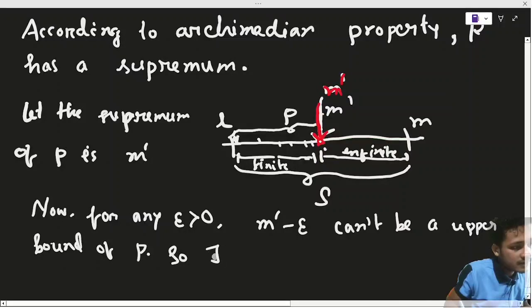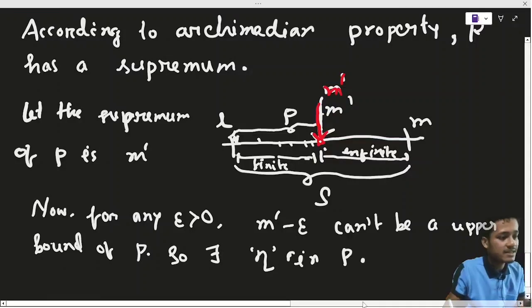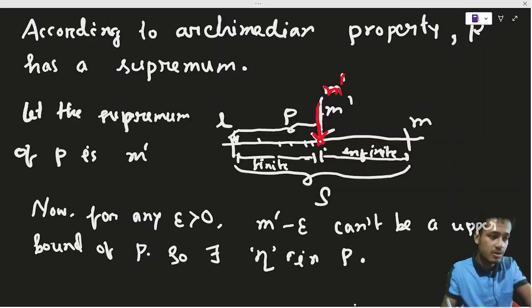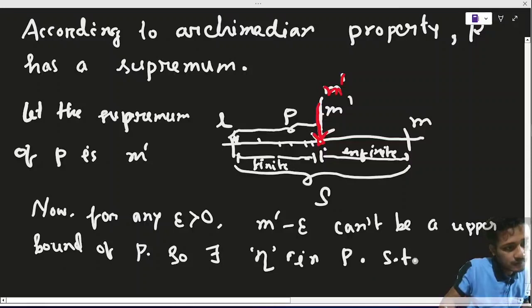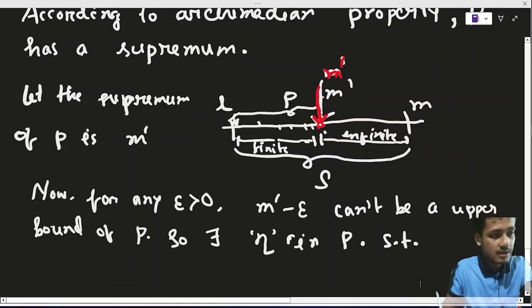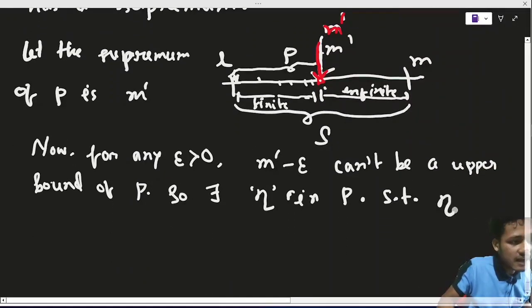So there exists an eta in P such that eta is greater than m dash minus epsilon.